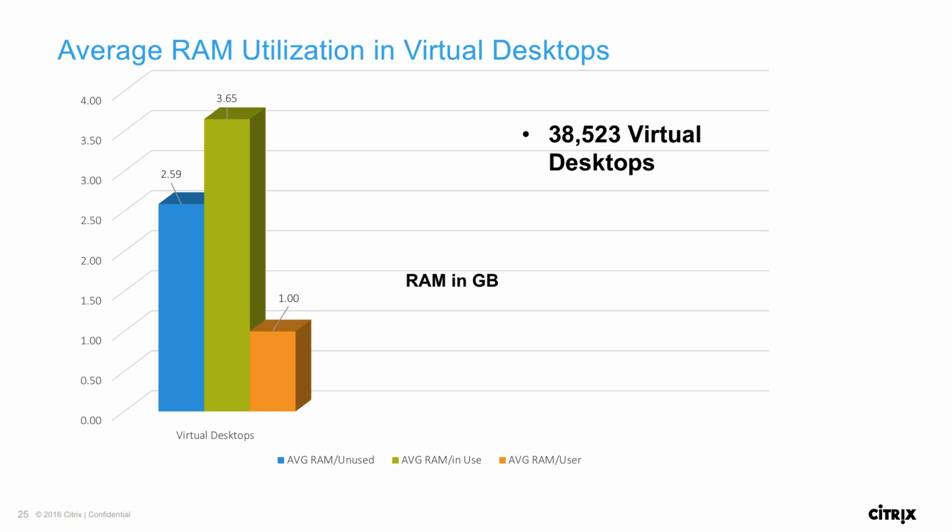I did see some data on VMs for servers. We had some challenges with the data, and it wasn't as conclusive, but when I dug down a little, I did find the average RAM per user in Citrix Virtual Apps was closer to 700 megabyte.